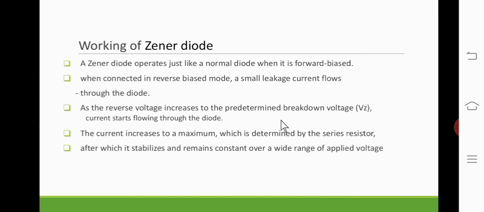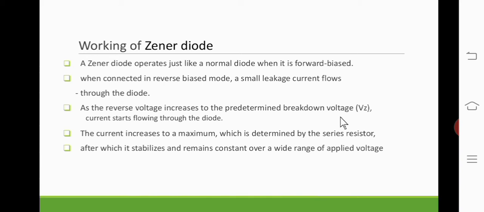What is the meaning of this? When you apply reverse voltage to the PN junction diode, the reverse bias across the PN junction is increased. Here also in the zener diode the same thing happens.